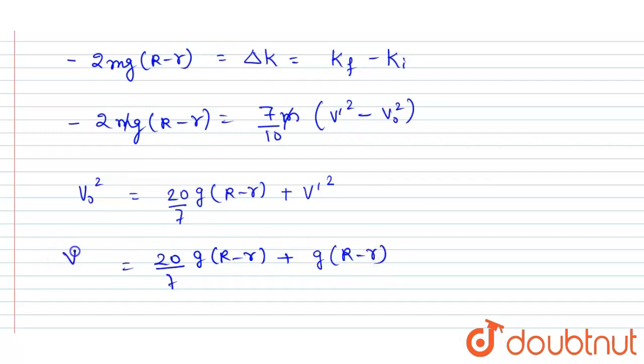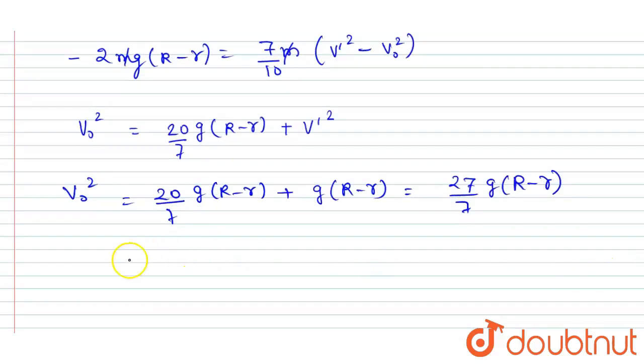If you add the two, you get v naught square as 27 by 7 into g into R minus r. Very simple. Now v naught equals the square root of 27 by 7 g into R minus r. This will be the minimum velocity with which, if the sphere is projected, it will complete the vertical circle. And this is our answer.